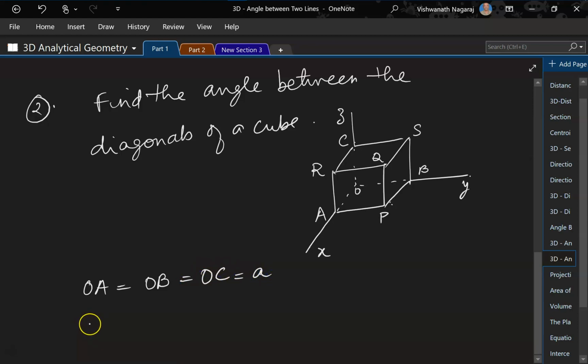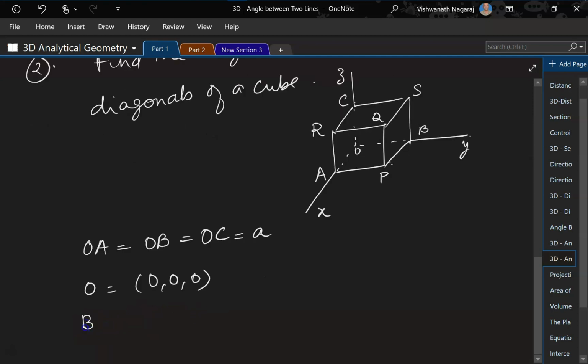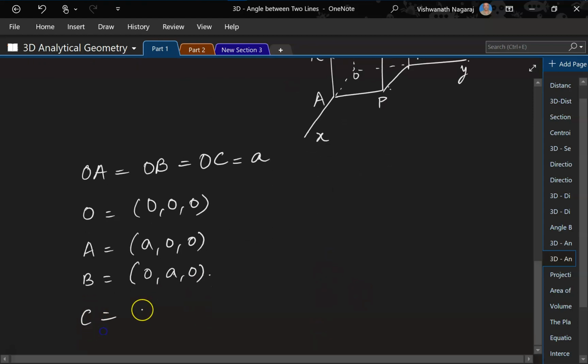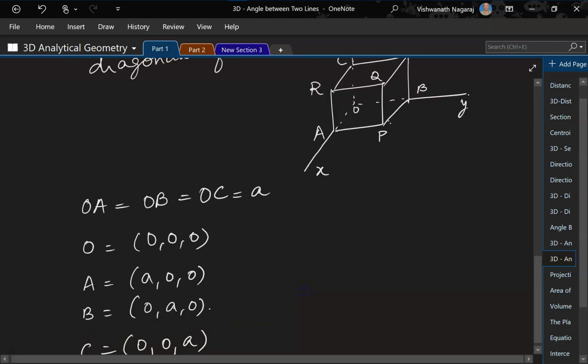Now the coordinates of each of the vertices: O is equal to (0, 0, 0). A is equal to (a, 0, 0). B is equal to (0, a, 0). Now what about C? C is (0, 0, a), because they are lying on the axis itself.